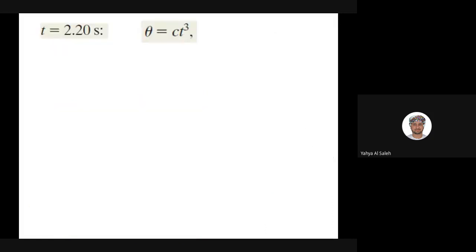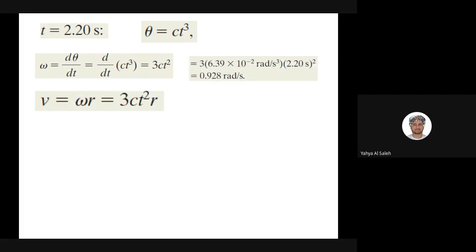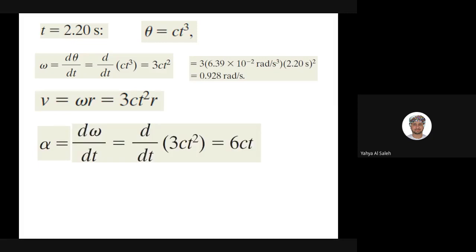At t equals 2.20 seconds, theta equals ct cubed. If I have theta, I can get omega. I differentiate it: 3ct squared. And if I have omega, I can find v by simply multiplying it by the radius. Then I want to find alpha. I differentiate again. I get 6ct.